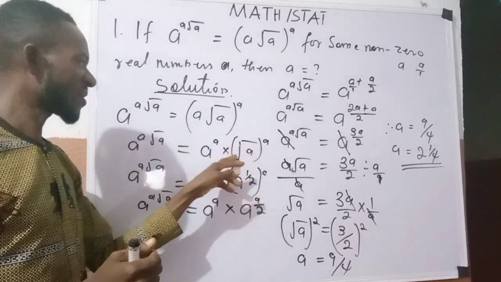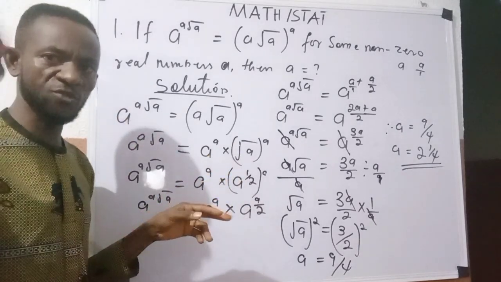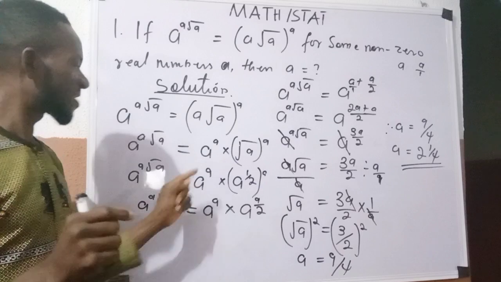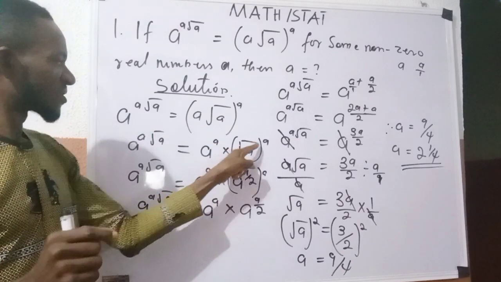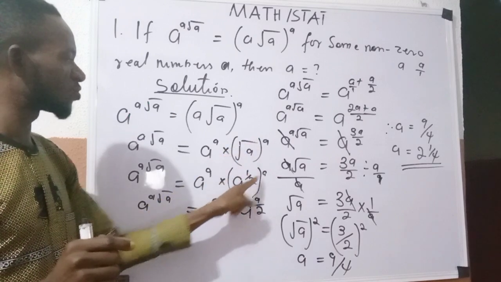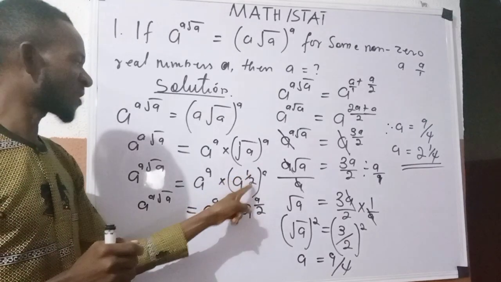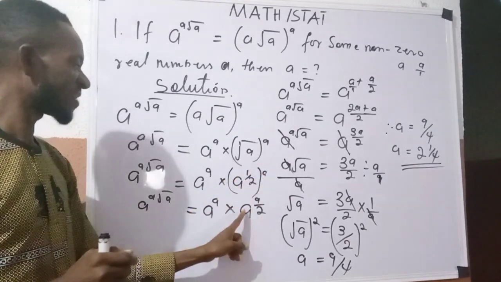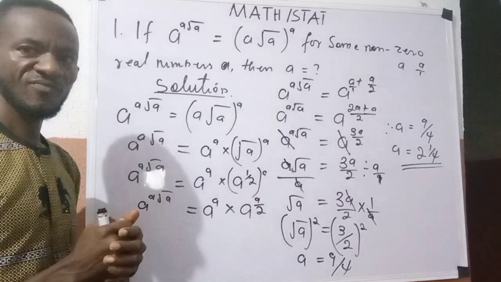Recalling that root 2 is the same thing as 2 raised to power 1 over 2, this thing becomes A raised to power A, multiplied by, removing the square root, A raised to power 1 over 2, all raised to power A. Using this 1 over 2 to multiply A, I have A raised to power A over 2.